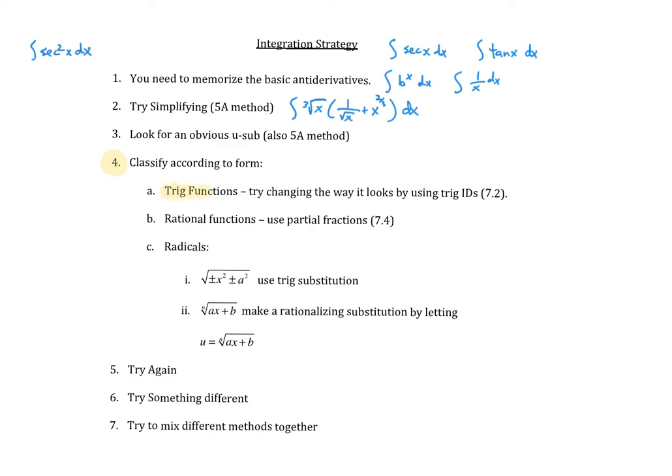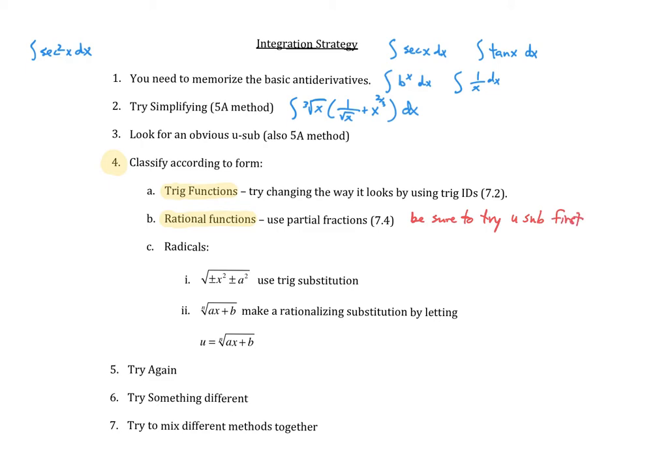So that's for trig functions. Rational functions are polynomial over a polynomial. A lot of times you want to use partial fraction decomposition. I just want to mention, be sure to try U sub first, okay?